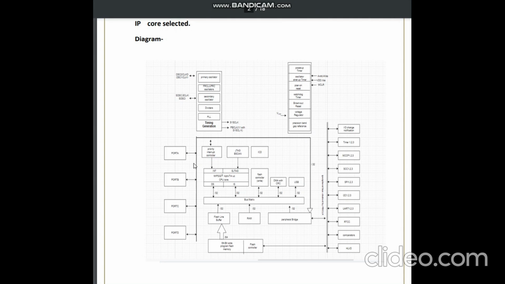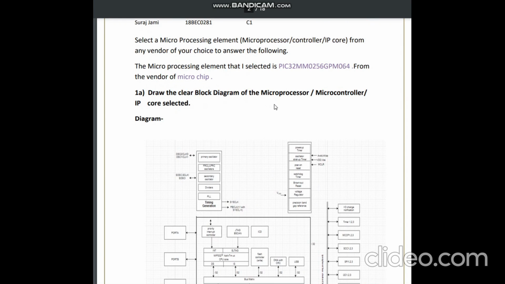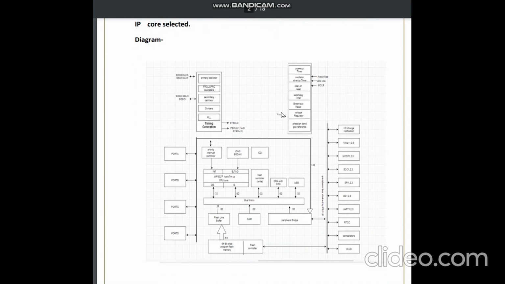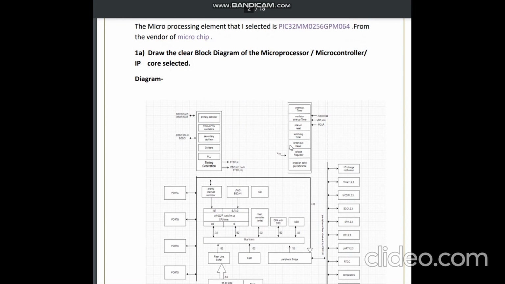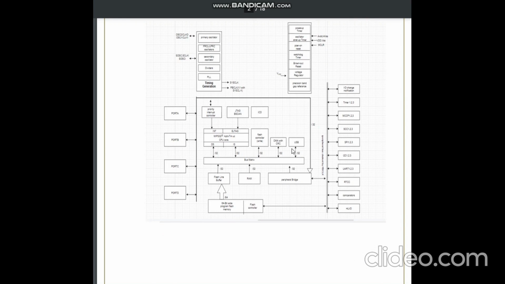Okay, this is the whole block diagram of the microprocessor controller which I drew from draw.io, which was available in the data sheet. So this is the bus matrix. We have the flash line buffer, RAM, peripheral bridge. This is the 64-bit wide program flash memory and the flash controller.